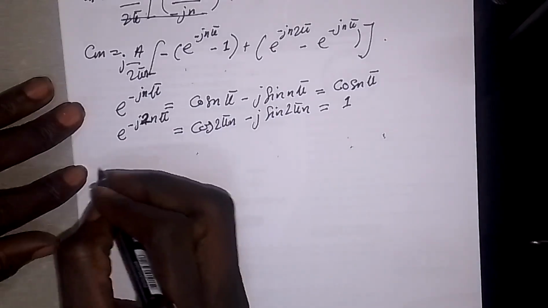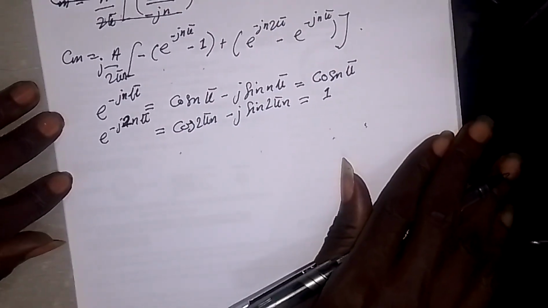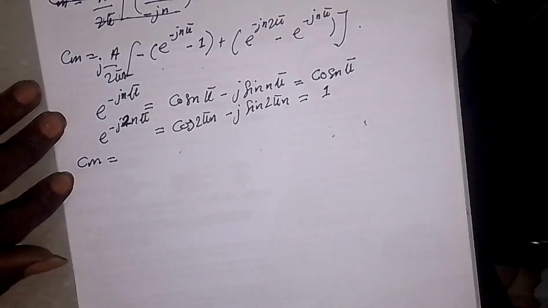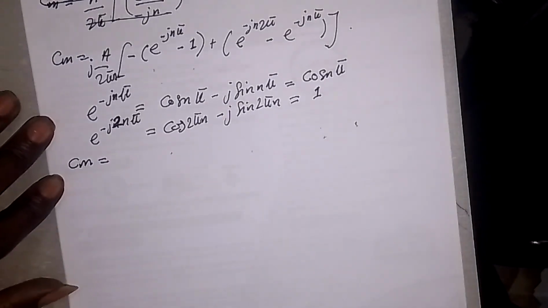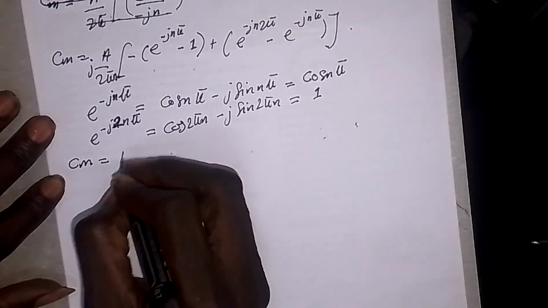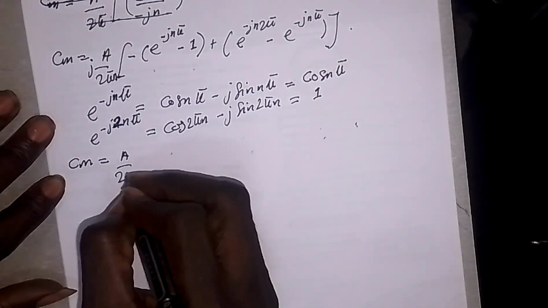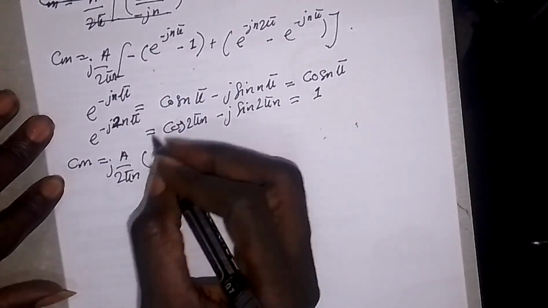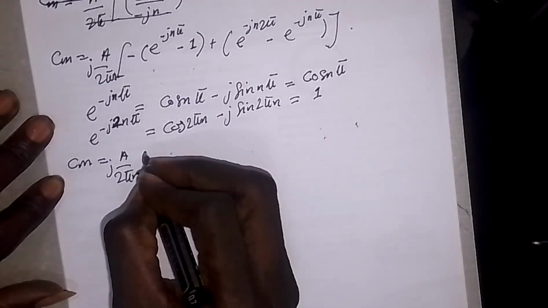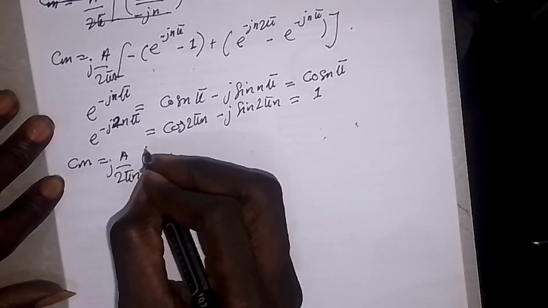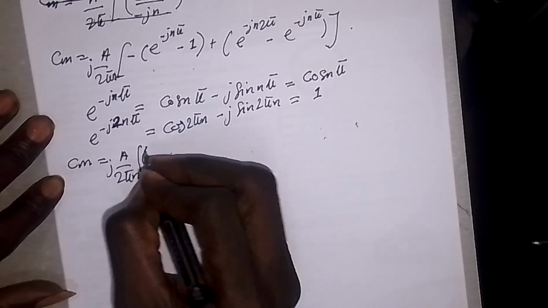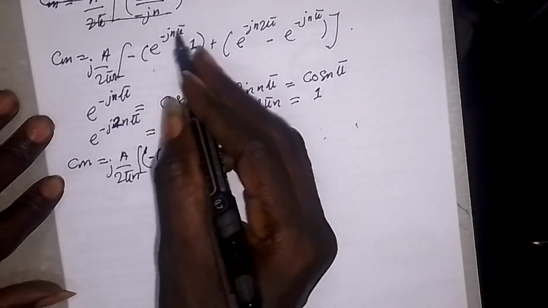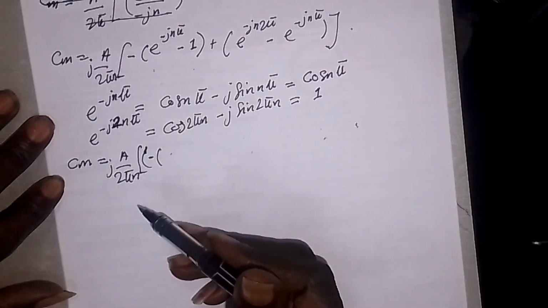So now I can say that Cm is equal to what I have here, A over 2 pi n j, into E exponent minus 2 pi n.